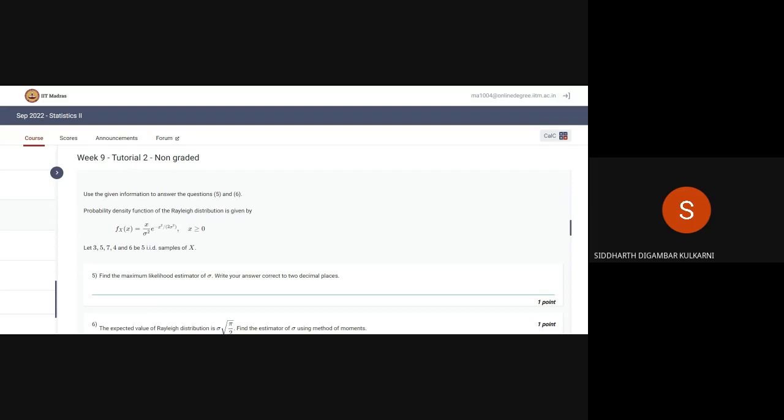There are 5 IID samples from this continuous variable, 3, 5, 7, 4, and 6. For each of these values, we have to substitute x into the PDF and multiply the PDFs together.